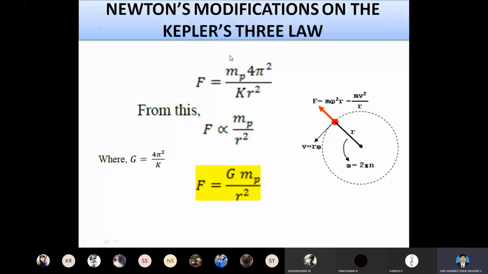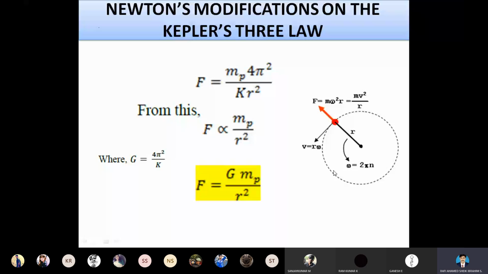So from this Kepler's assumption, it is stated as P square is directly proportional to A cube, where A is the average distance of the planet from the sun, the radius distance, and P is the orbital period, meaning the revolution.